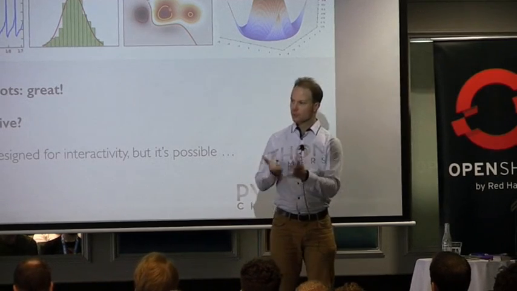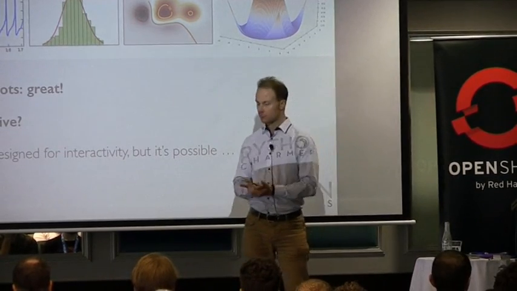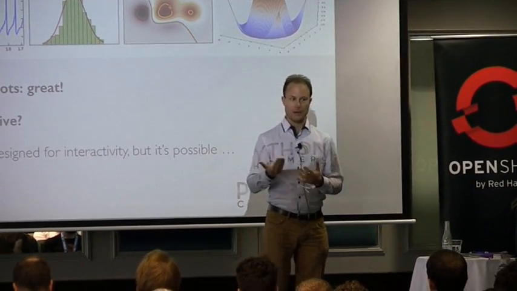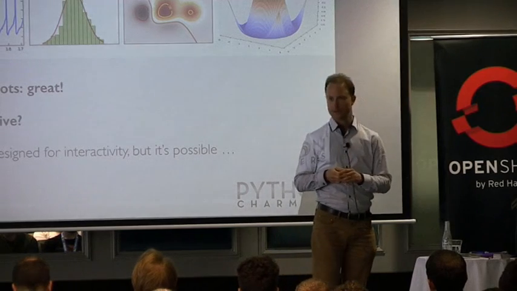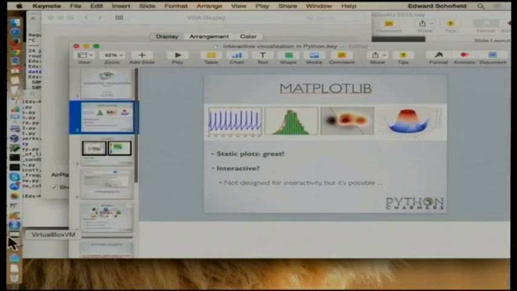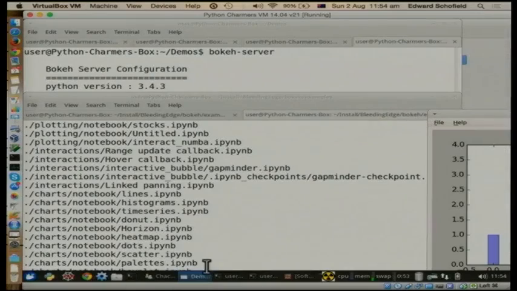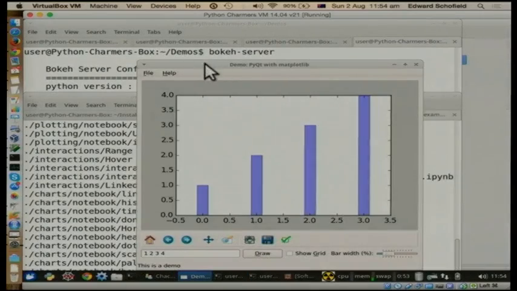Now, I'd like to show you the kinds of interactivity you can achieve with Matplotlib and what that might be useful for, first of all. So I'll flick over to this. So here's a very simple example. This was written a long time ago by Eli Bendersky.